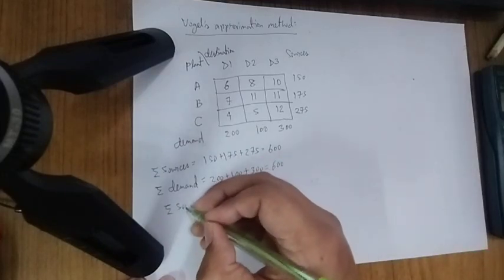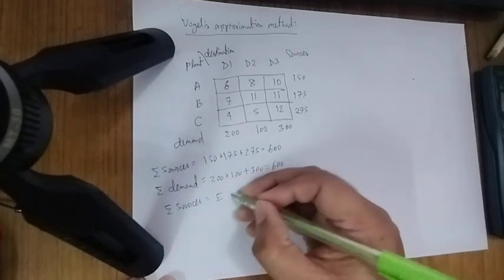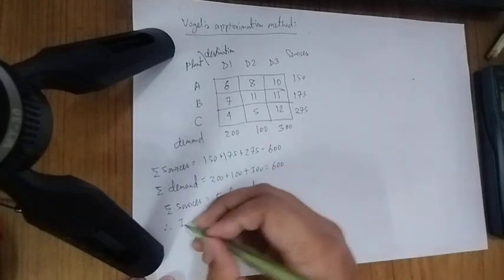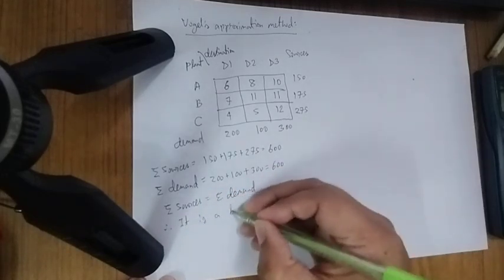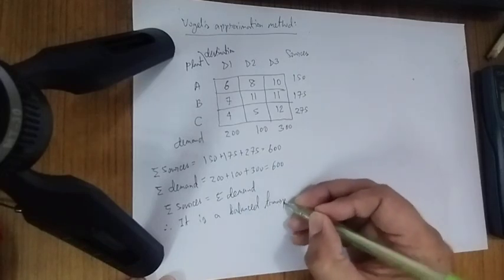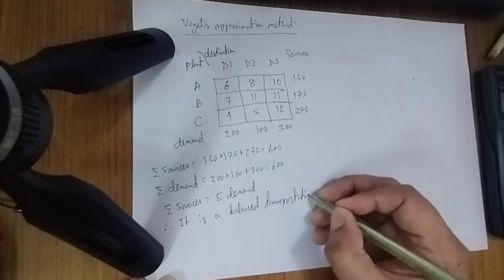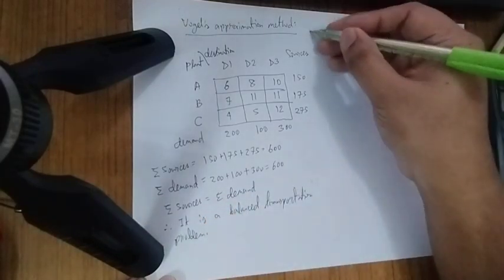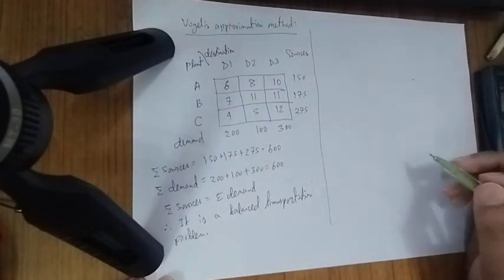Since our sources are equal to demand, we can say that it is a balanced transportation problem. So we can solve this problem using the conventional method.